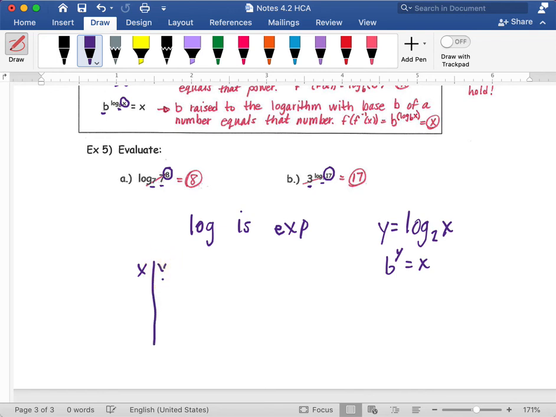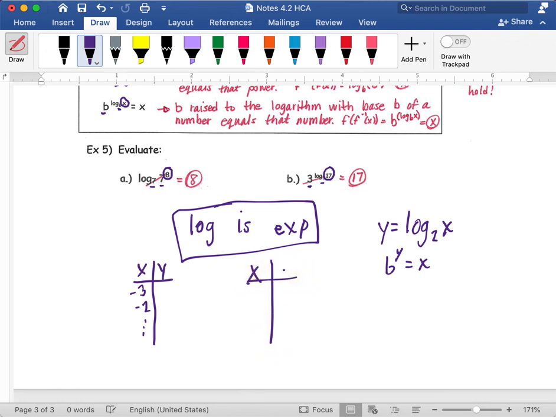So we are used to choosing the x values. But for the logarithmic functions, choose the y's because those are the exponents. Log is exponent. So choose the y's instead to get the x's.